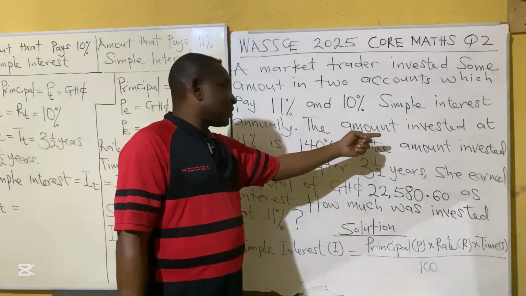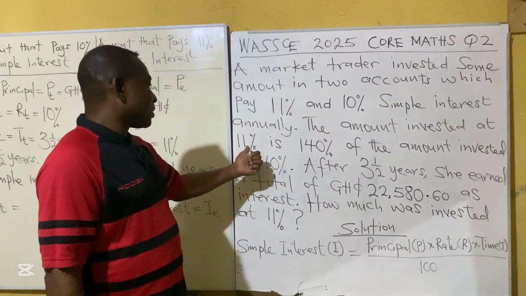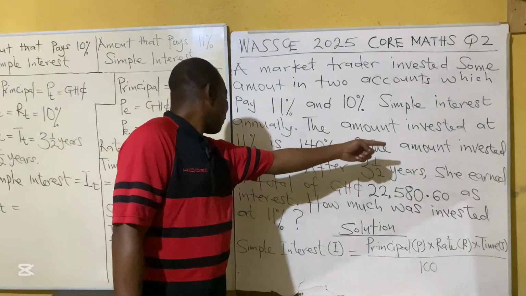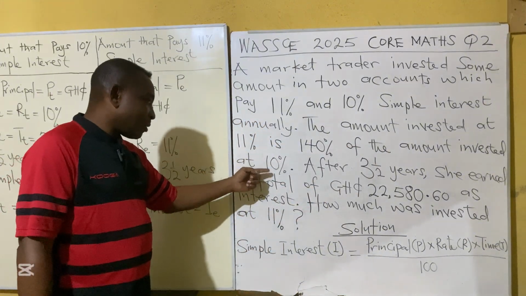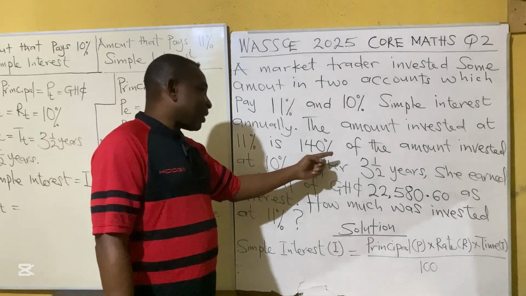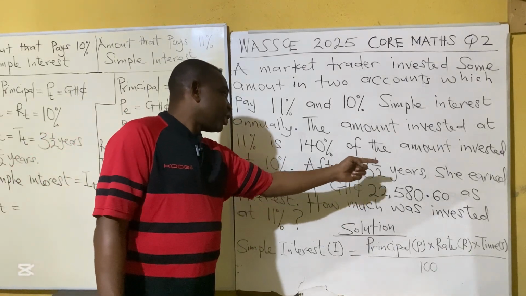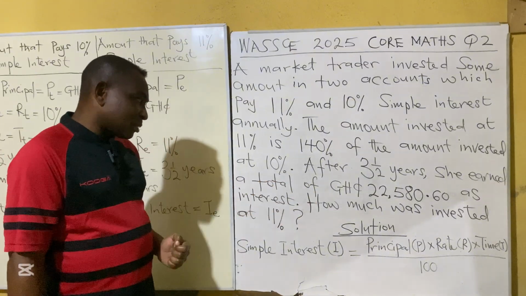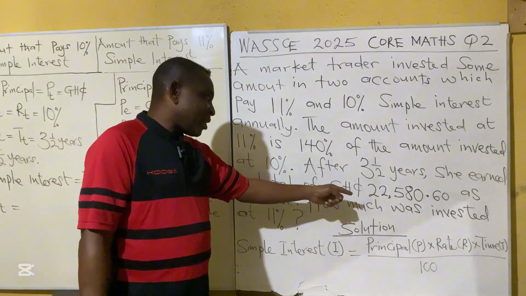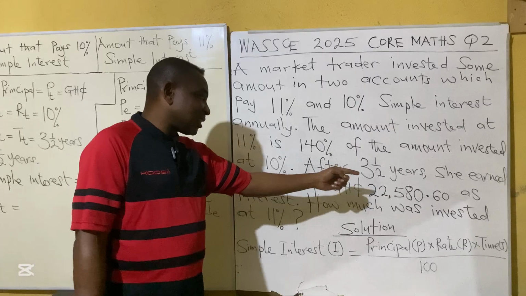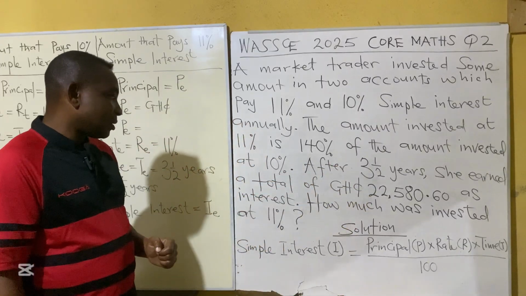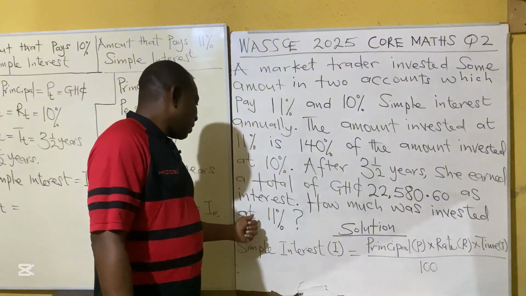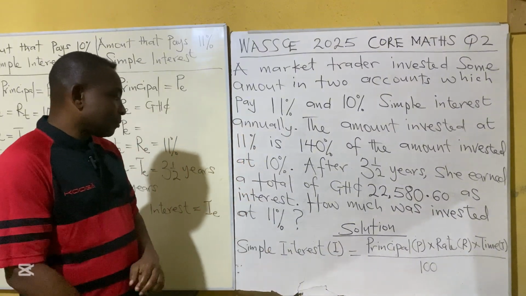The amount invested at 11% is 140% of the amount invested at 10%. After 3.5 years, she earned a total of 22,580 Ghana cedis, 60 pesewas as interest. How much was invested at 11%?